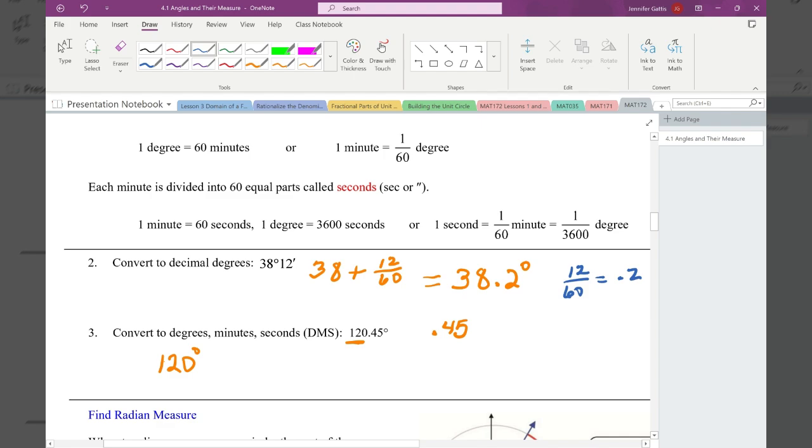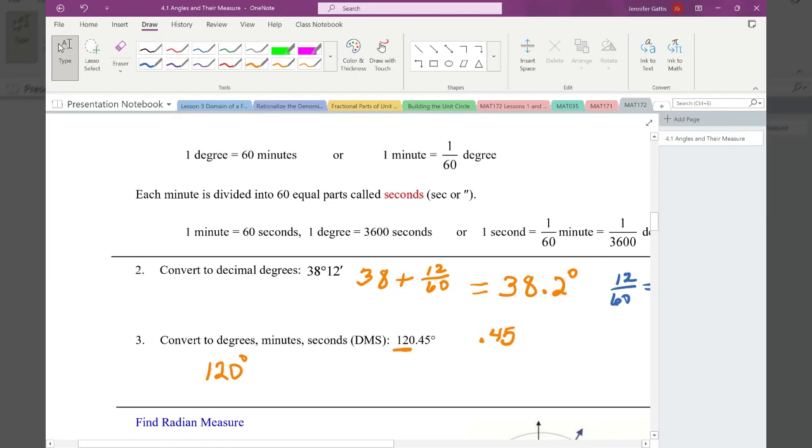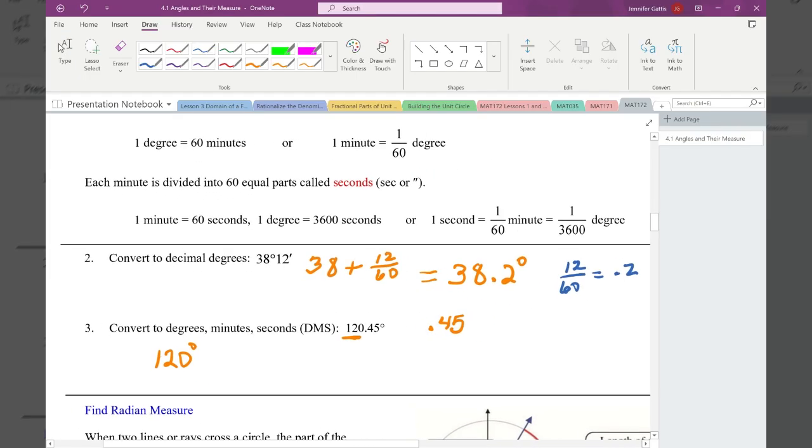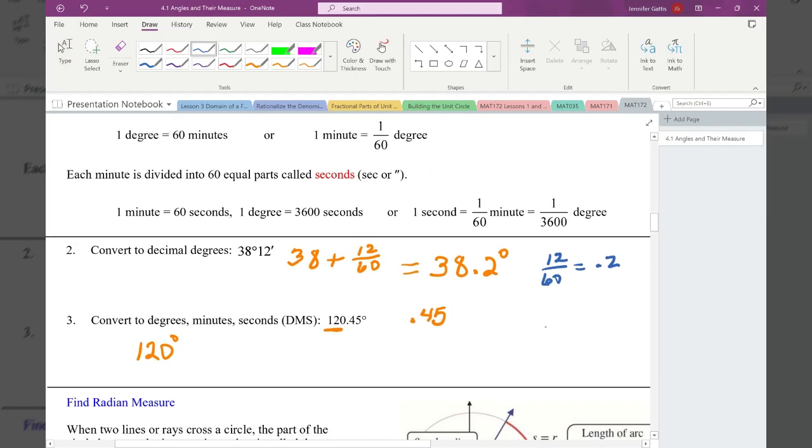So here, we can consider 0.45 is equal to what over 60? And we get that 0.45 is equal to 27 minutes.